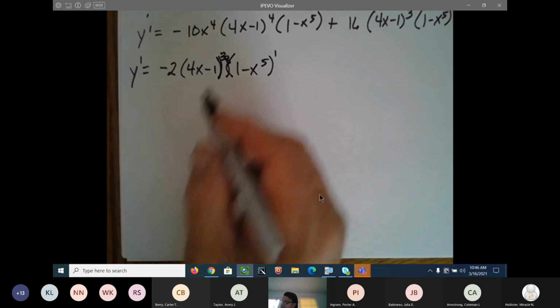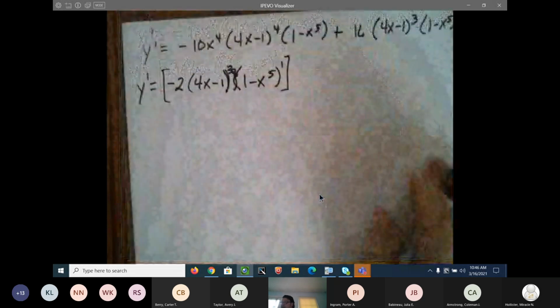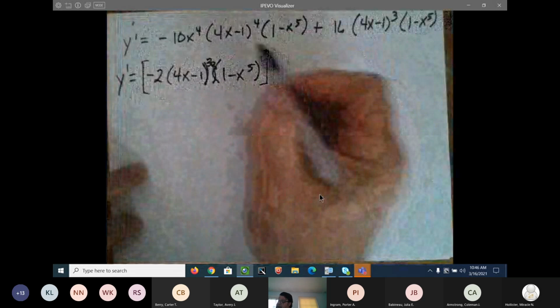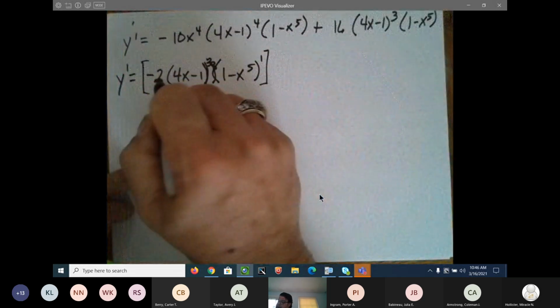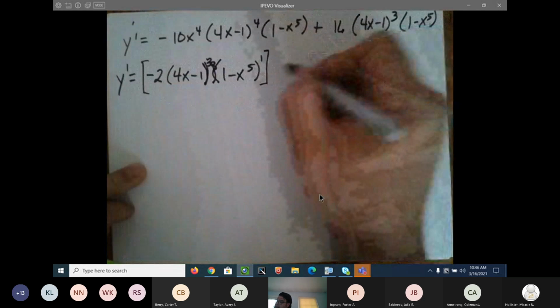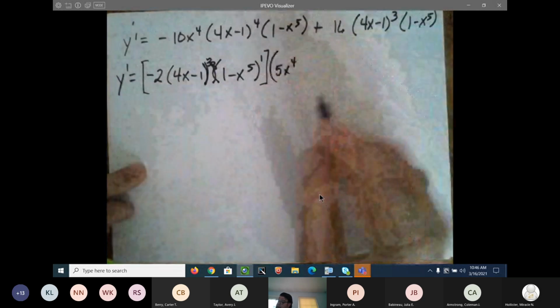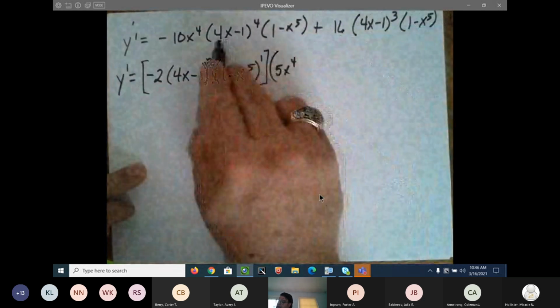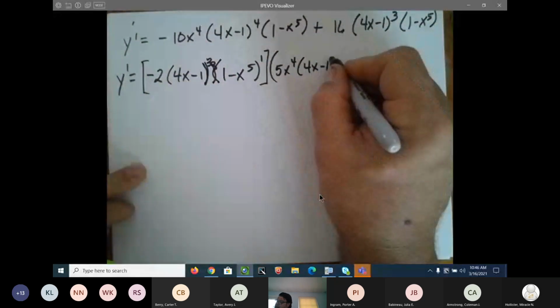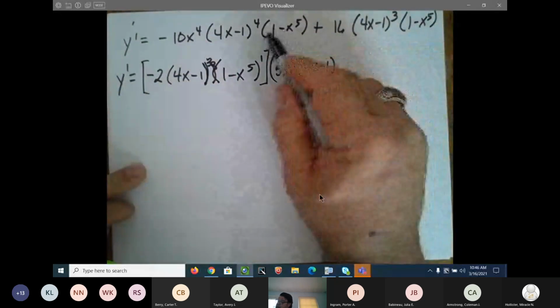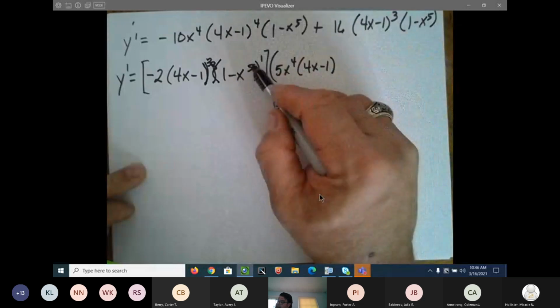So we're going to factor that out, and that's going to leave us with 5x to the 4th and (4x minus 1). The (1 minus x to the 5th) cancels out.